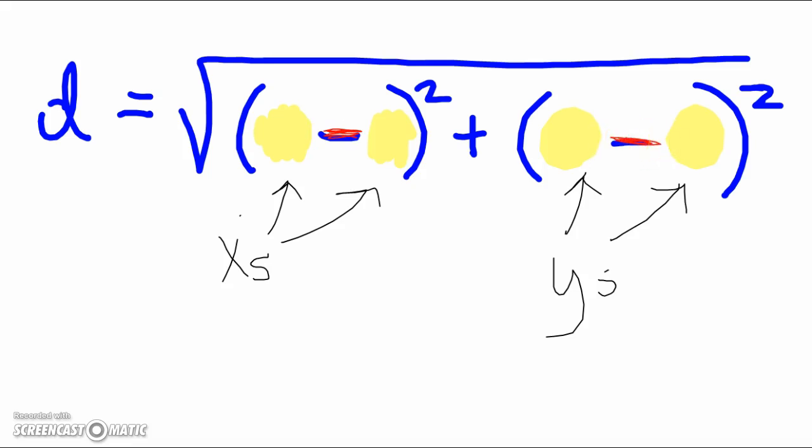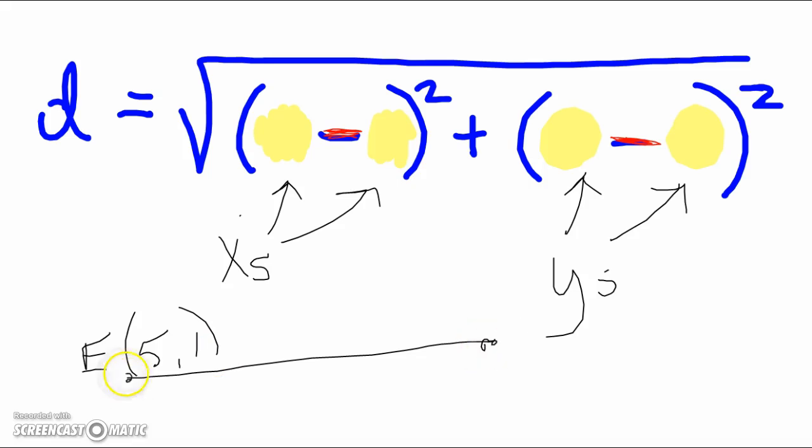So what I want to do now is apply this to the line segment we just had. The line segment we just had looked like this. So we had point E, which was the ordered pair 5, 1. And we had point F. See, this is point E. This is point F. Point F was the ordered pair 9, 4.